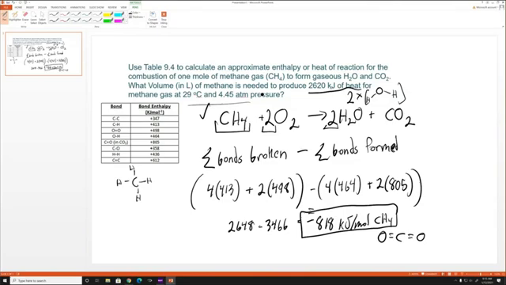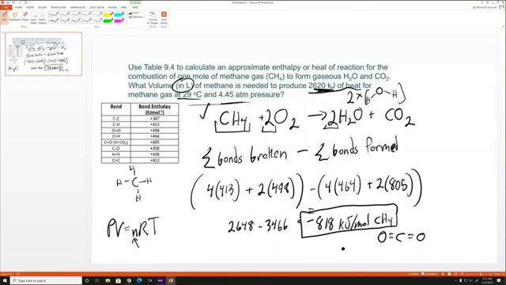The reason why I'm thinking in terms of moles is because the information asked for is liters, and given we have temperature and pressure. So the equation that comes to mind is PV equals nRT. We have our pressure, we're looking for our volume, we have R and we have T. We don't have our number of moles, but it's giving us the clue that we're trying to figure out what volume of methane is needed to produce this much heat.